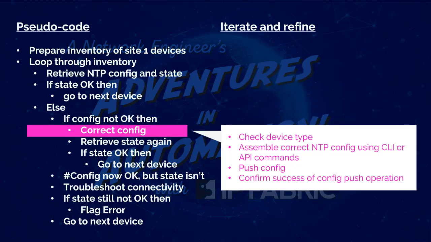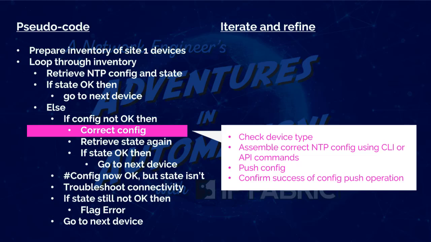Once we've done that comparison, once we've checked that the state is okay, if it is okay, great, we don't need to do anything more. If it's not okay, we need to check the config, and if the config isn't okay, we need to change it. And so this is, again, we need to define, okay, what is the device that we're trying to change? How do we make that change in terms of, again, CLI or API?